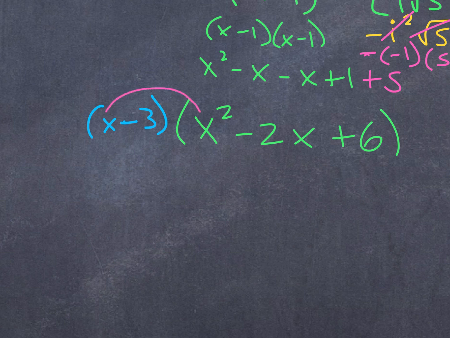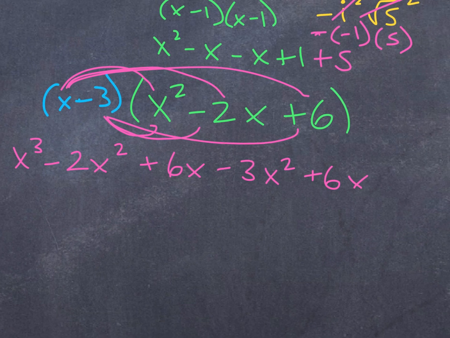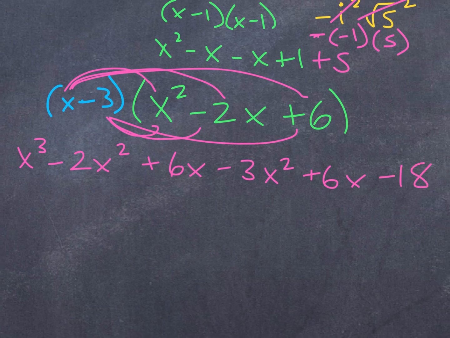So x times x squared, x cubed, x times negative 2x, negative 2x squared, x times 6, 6x, then negative 3 times x squared, negative 3x squared, negative 3 times negative 2x, 6x, and negative 3 times 6, negative 18.